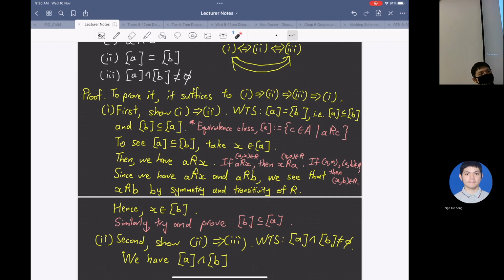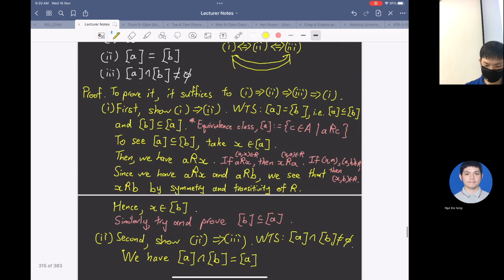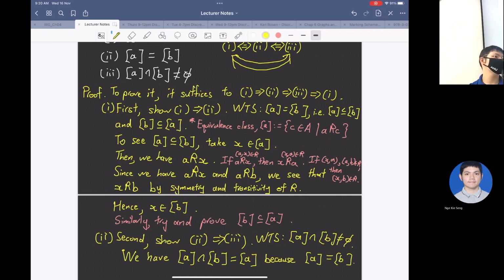What is A intersect A? It's A. So A intersect B is just the equivalent class of A, because these two sets are equal. So why is the equivalent class of A non-empty?